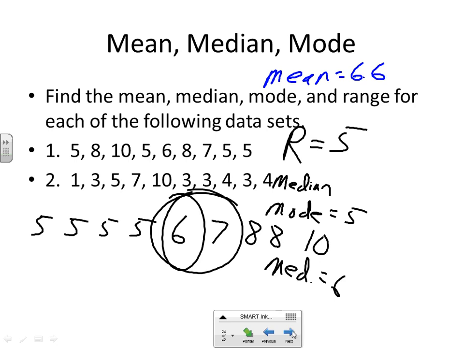I don't think any of that is new for you. Just remember the range is the difference between your biggest and smallest number. The median is your middle number, if you put them in order from smallest to biggest. The mode is your most common number in your set. And the mean, you know how to calculate the mean. The mean is the average.